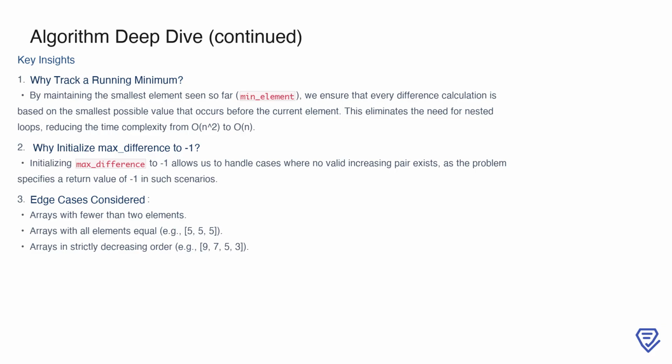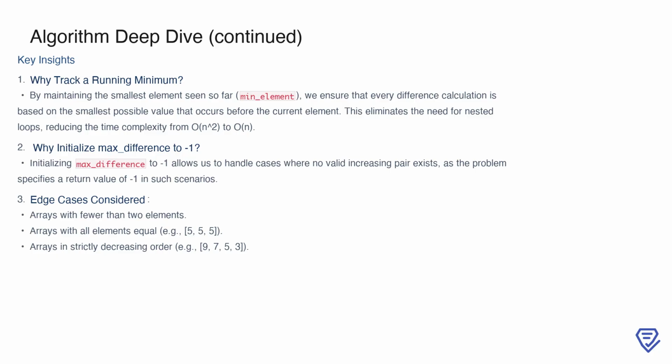Key insights into this approach help us understand why it's both efficient and effective. First, by tracking a running minimum, we ensure that every difference calculation uses the smallest possible value that occurs before the current element. This eliminates the need for nested loops, reducing the time complexity from O(n²) to O(n).